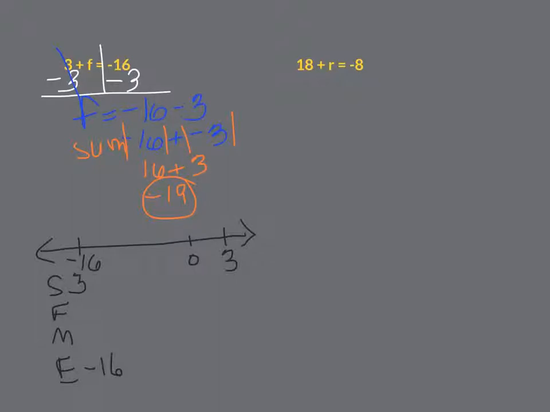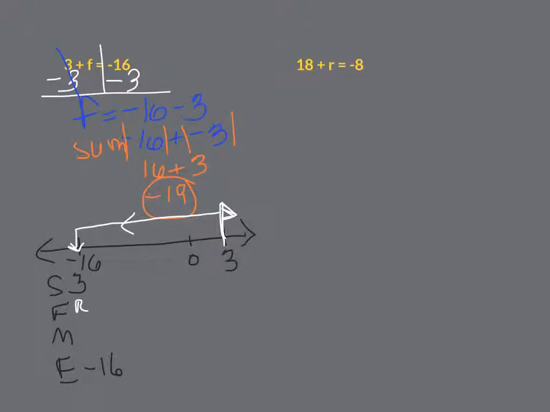Next, I know that I'm starting here at the 3. And I'm going to be facing to the right because this is an addition problem. Here I am facing to the right. And to get to the negative 16, I have to move in this direction, which is back from where I was. I need to end on my negative 16.